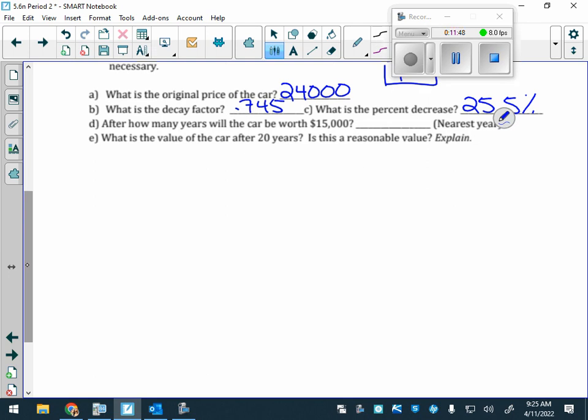So for D, after how many years will the car be worth 15,000? Okay, and I know you get a decimal, so the nearest year, I guess. How do we set this up?